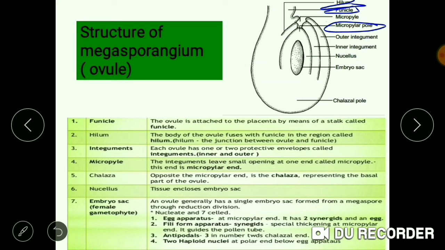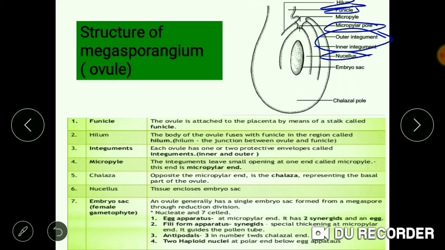Now, what is integument? Outer integument and inner integument. These are the protective envelopes to protect the internal embryo sac. Now the most important part we are talking about is the nucellus.